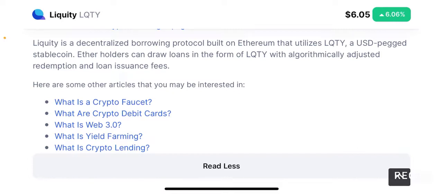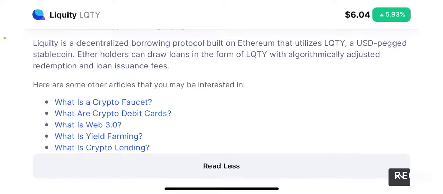It's not a borrowing and lending platform, it's mostly a borrowing platform that is built on top of the Ethereum blockchain, and it utilizes its own native token called the LQTY or the Liquity token, which is basically a USD pegged stablecoin, right?